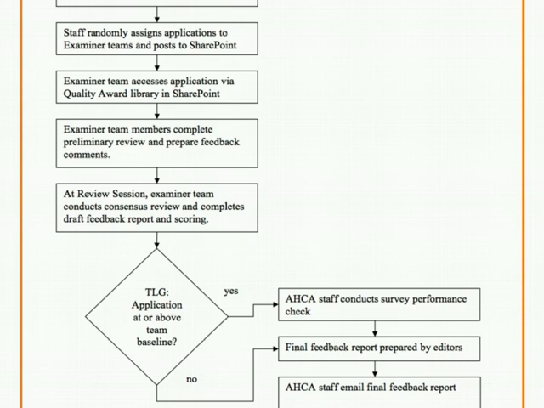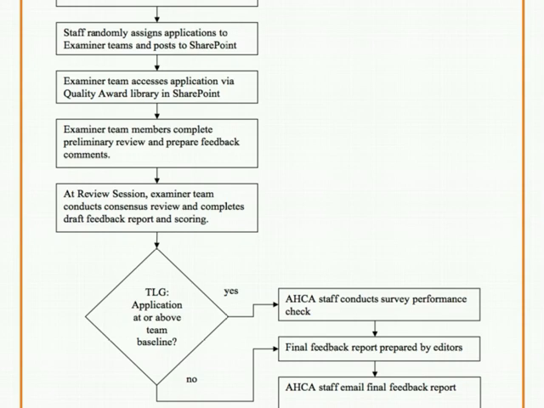Each application that is determined to be at or above your team's baseline will then move forward with staff conducting a survey performance check. For any applications that are determined not to be at or above the team baseline, that survey performance check is not necessary because they will not be moving forward as potential silver recipients that year.